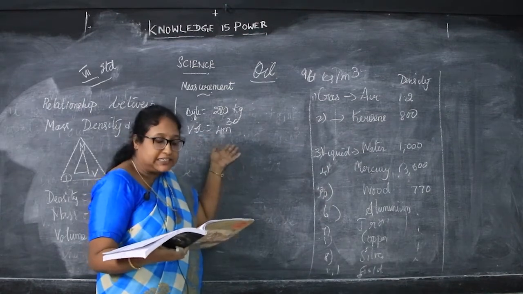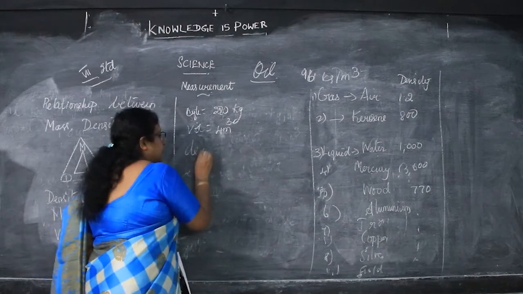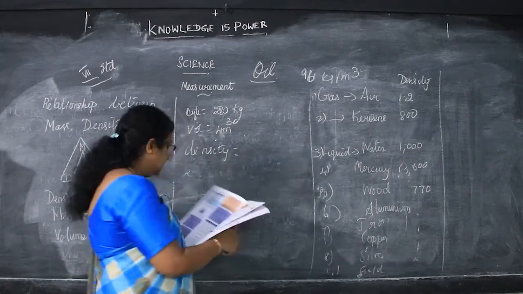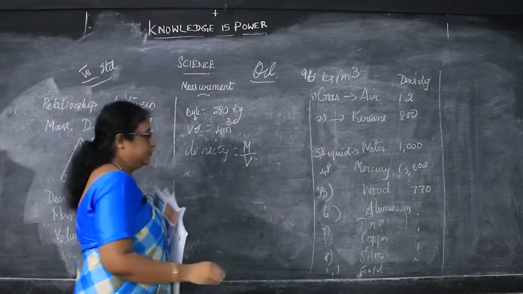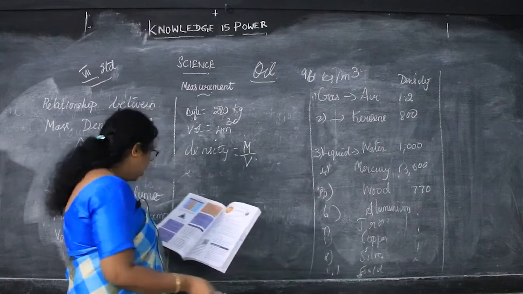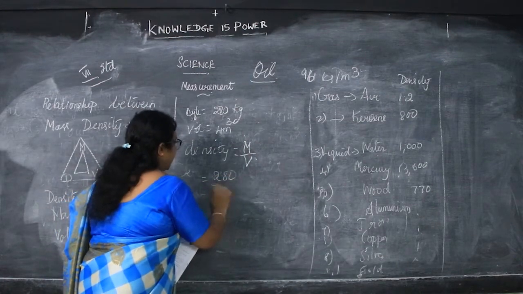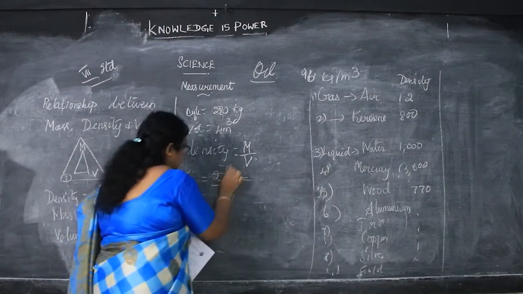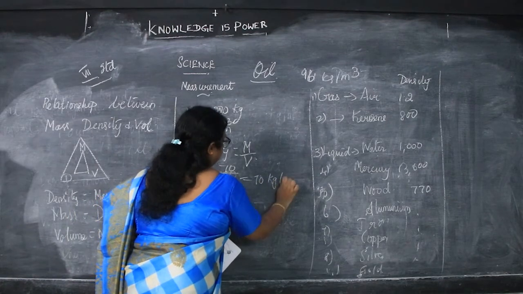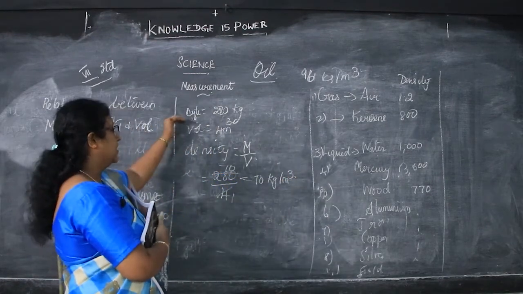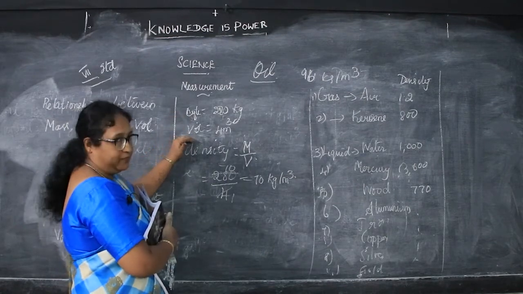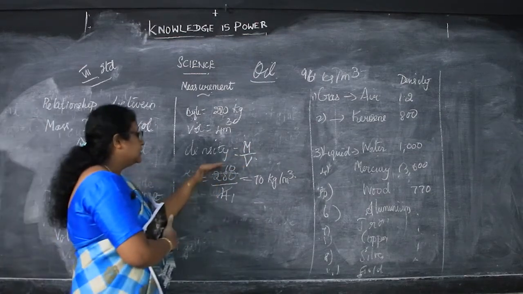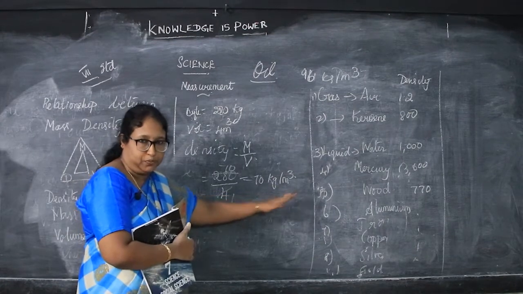You have to find the density of the cylinder. So density is equal to mass by volume. The mass is 280, the volume is 4. If you divide this, you get 70 kg per cubic meter. Do you understand this, children?